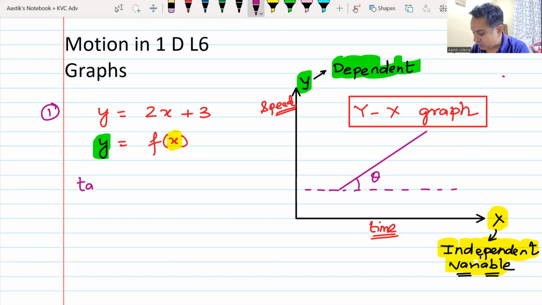If I find the value of tan theta, that is known as m, and that is known as the slope of this graph. Do we understand this?